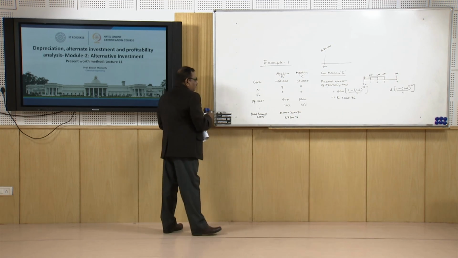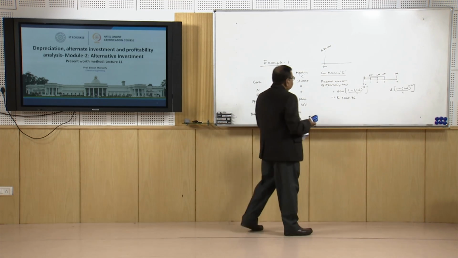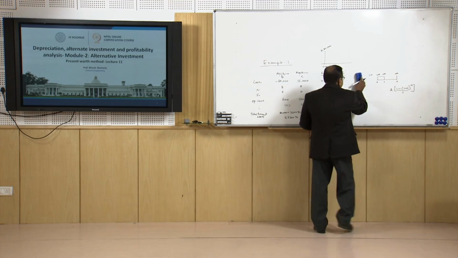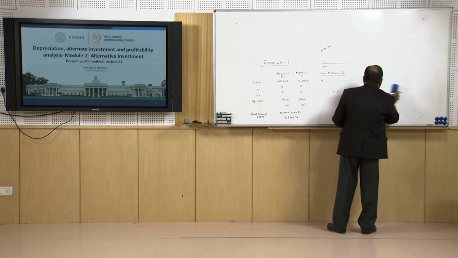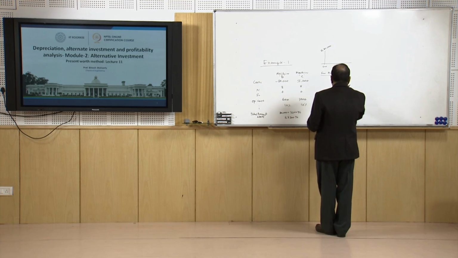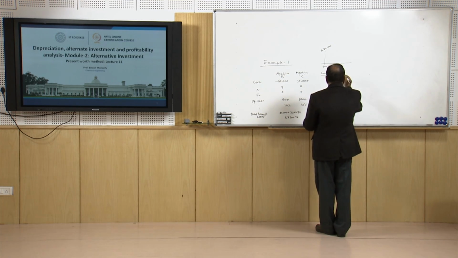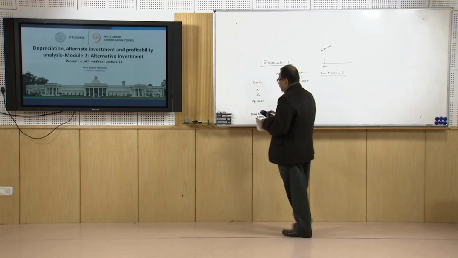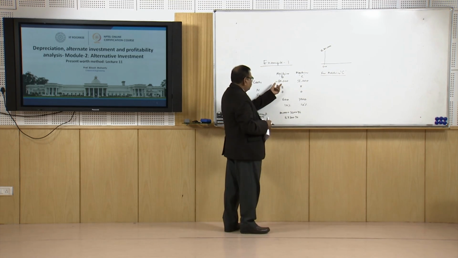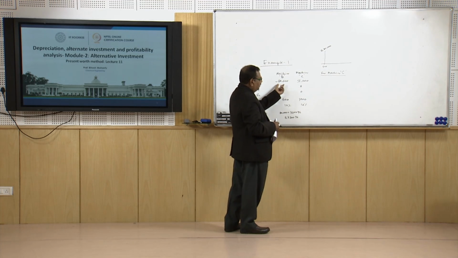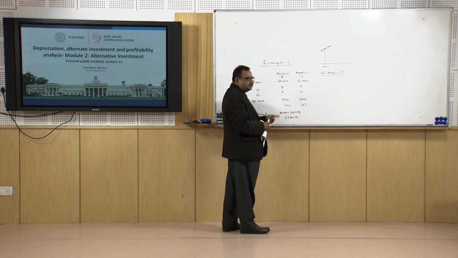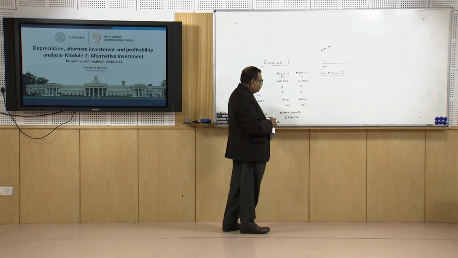Similarly, we can compute for machine C. Please note that this is already the present worth, only you have to convert this value to its present worth and add it up.